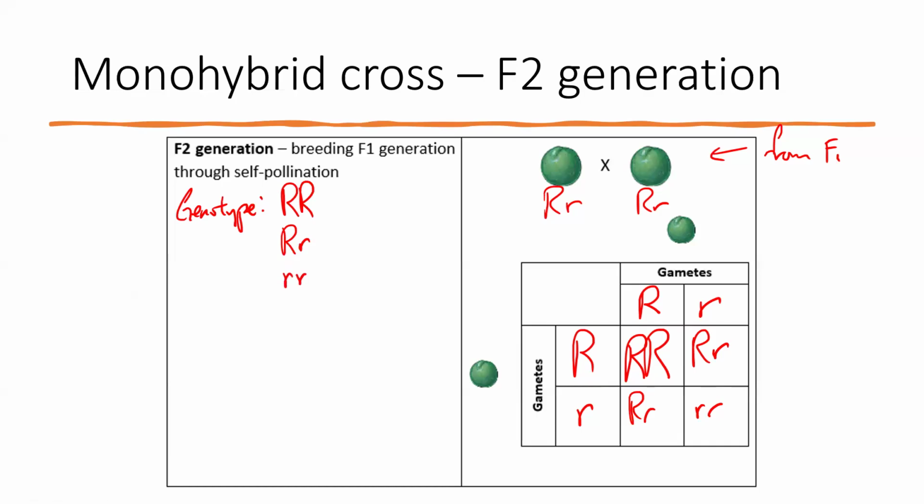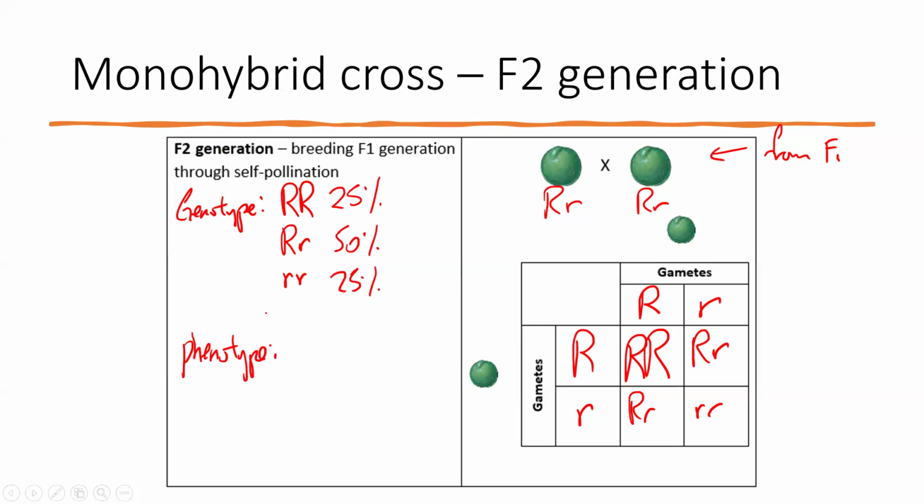What percent is big R big R? 25, right? 1 out of 4. Remember, we're doing genotype, the genetic makeup, not what it looks like. What about big R, small r? 2 out of 4, so 50%. And then over here, small r small r is 25%. Very good.